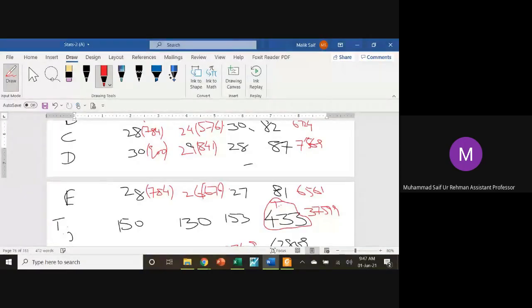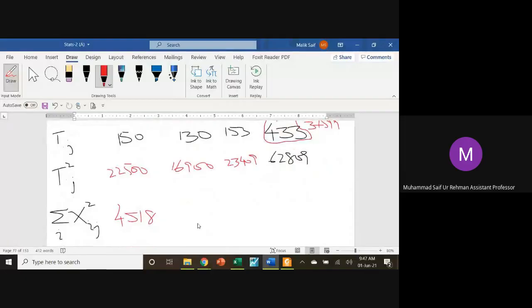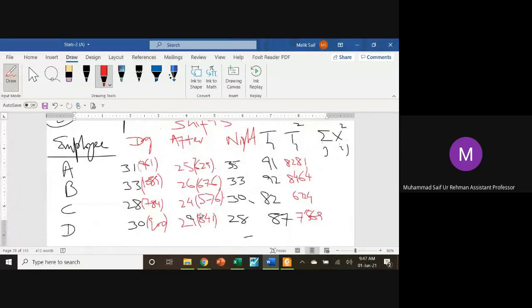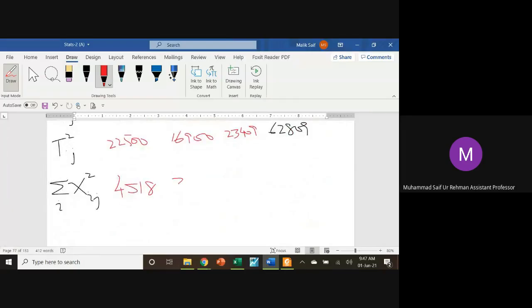Add these values that are there in the braces and write down the answer over here. 625 plus 676 plus 576 plus 841 plus 676. The answer is 3394.